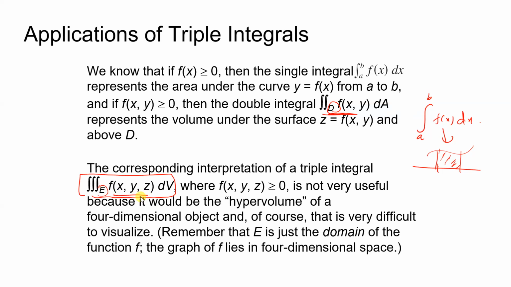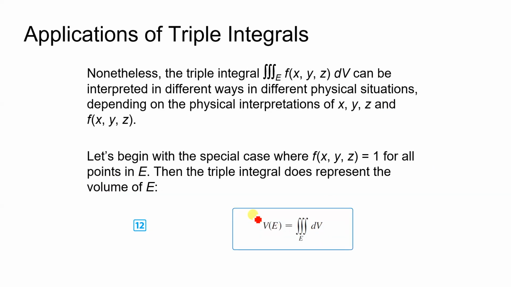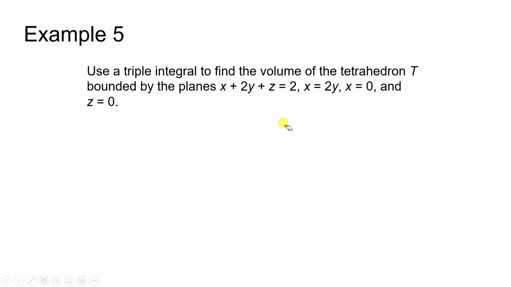There are a few other applications of the triple integral, and in the particular case when f(x, y, z) becomes 1, this integral becomes the volume of the region. So if we have to find the volume of the region, then we have to integrate 1 over the region E. Let's apply this to find the volumes of different solids.